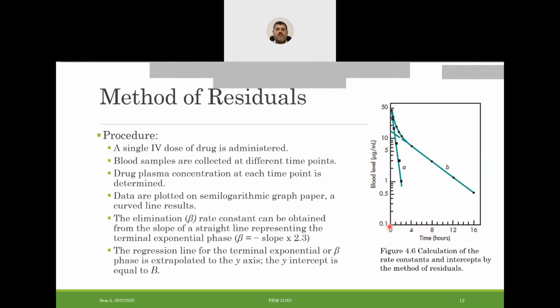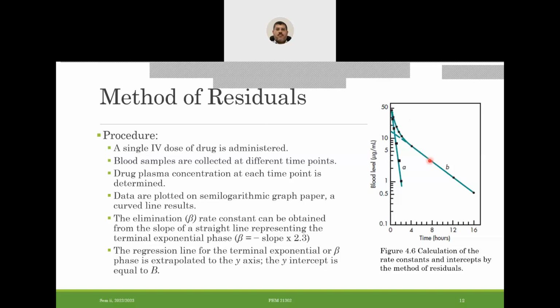So we plot log concentration versus time and look at the line. If it gives a straight line, then this drug follows a one compartment open model. If it gives a line that has two phases with two different slopes, then we say the drug follows a two compartment open model. So this point is clear.